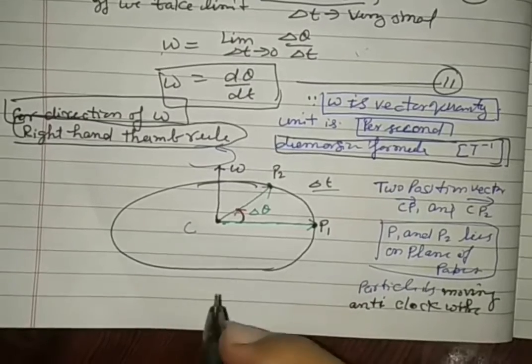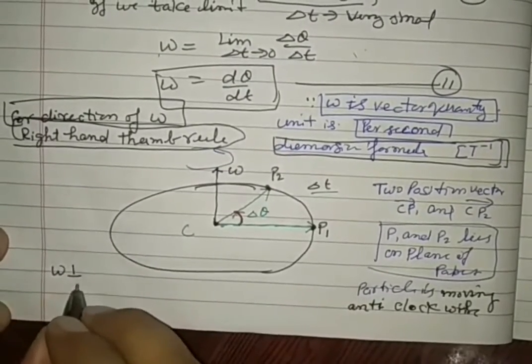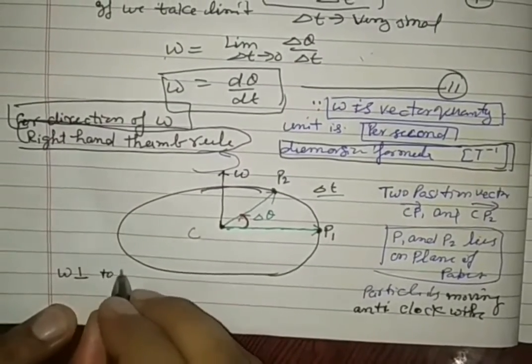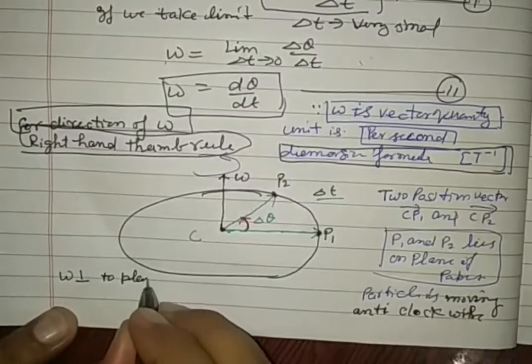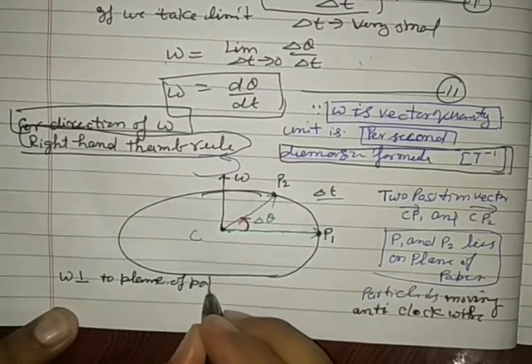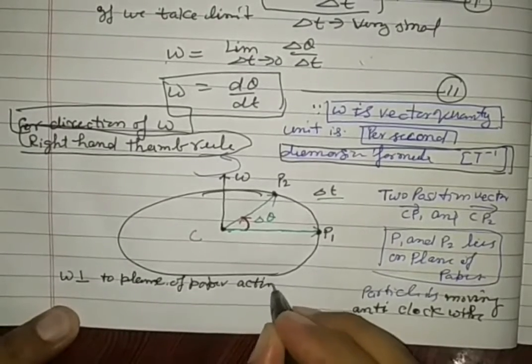So one can write that omega, the angular velocity, is perpendicular to the plane of paper, acting upward.